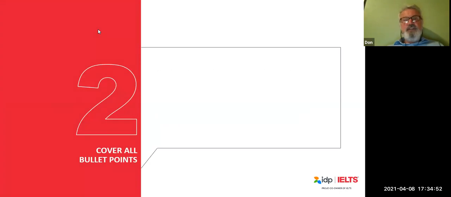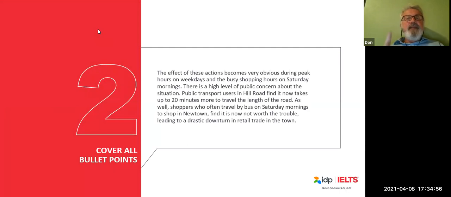This person continues, and in the second paragraph says, the effect of these actions is numerous, that there are high levels of public concern about the delays, 20 minutes or more to travel the length of the road, and that the people are not going shopping on Saturday mornings.